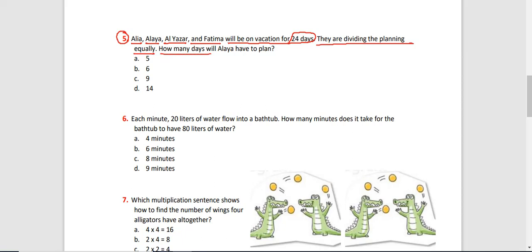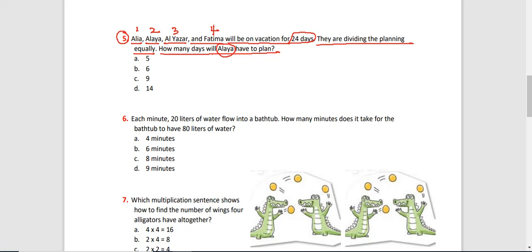How many days will Alaya have to plan? So Alaya is one of them doing the planning. But first we need to know how many of them are doing the planning. 4. Alia, Alaya, Aliazar, and Fatima.